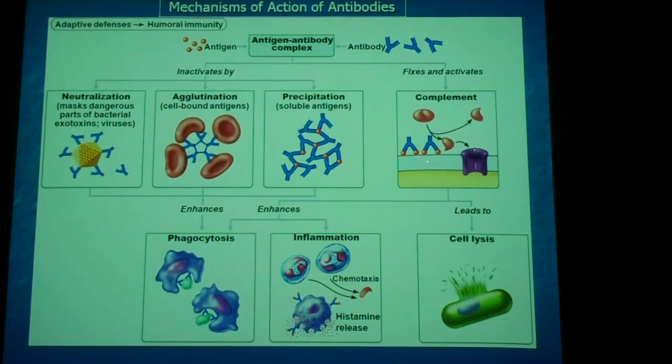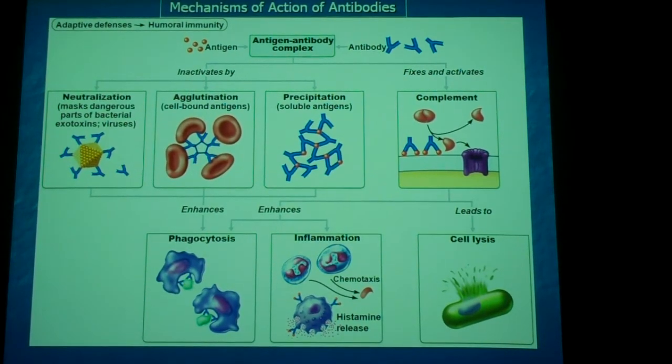Over here, however, if we have an antigen-antibody complex, that C region there makes way for complement protein to come in here and cause lysis of the cell. But antibodies themselves are not killing the cells. They're setting them up for elimination in some other way.